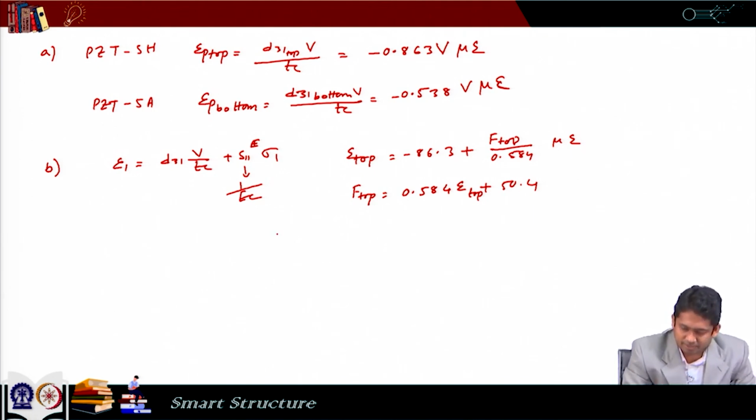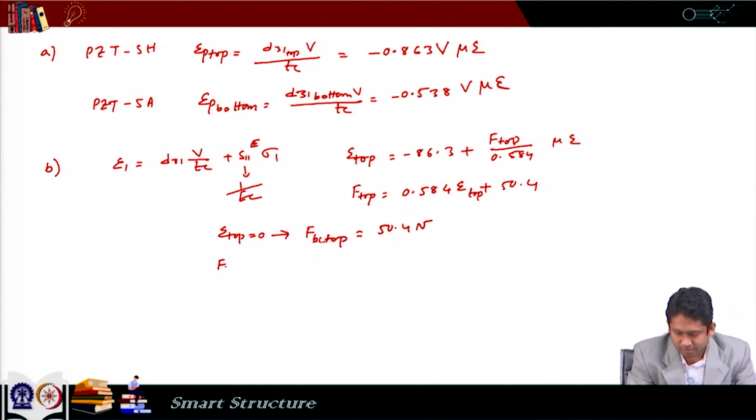So, from here if we put epsilon top equal to 0, that gives us the block force F BL top as 50.4 Newton, and if we put F top equal to 0, that gives us the free strain epsilon P top equal to minus 86.3 microstrain.